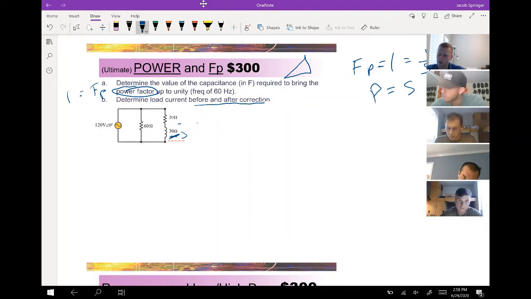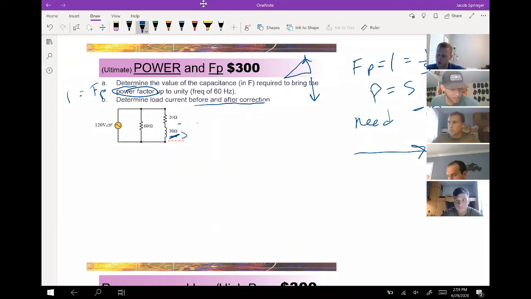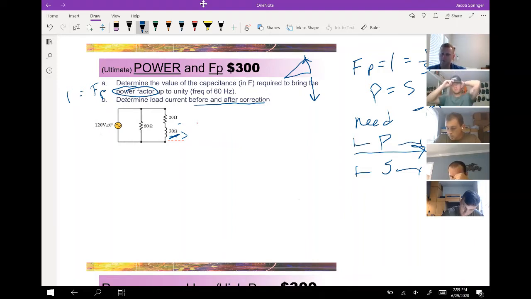What we're going to do is add a Q. We need a negative Q that's going to essentially add a vector here, so that what we're left with is a line where we no longer have a triangle, but P and S are the same length, right? The length of S on our triangle is the same as the length of P.